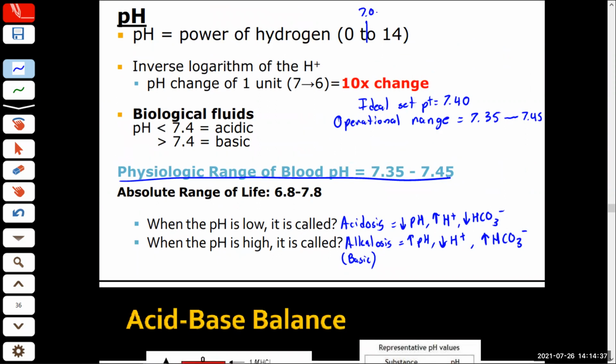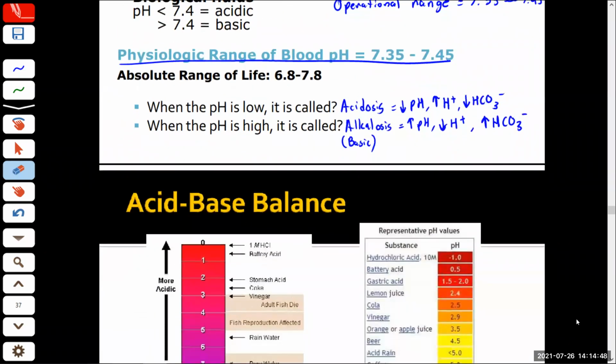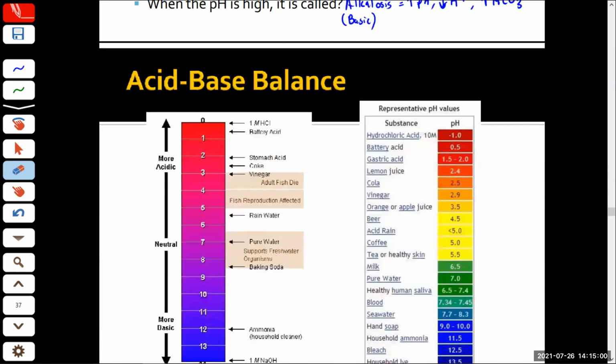If you're at all to the right, 7.1, that's basic or alkalotic. Either one. To the left is just acidic. We would use those interchangeably. I like saying basic just because it's easier to write and read, but when we do ABGs, you'll usually use alkalosis. But you can use it interchangeably.